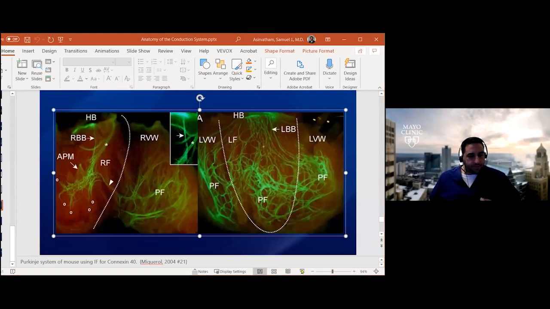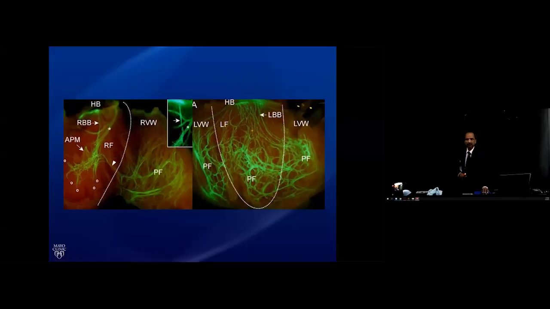First of all, it's important to remember that the infrahisian conduction system is far more complex than we normally consider. It's not like, here's the left bundle, here's the left posterior fascicle, here's the left inferior septal fascicle. It's really a network.